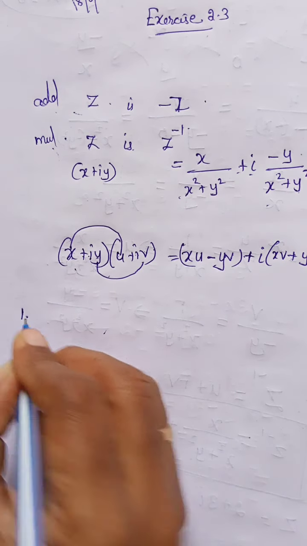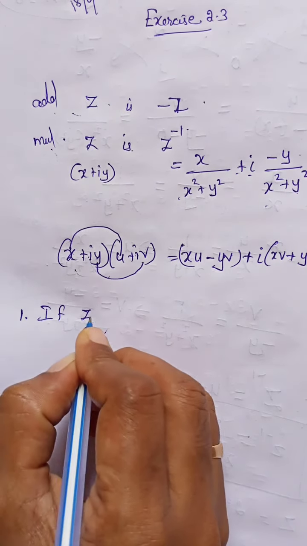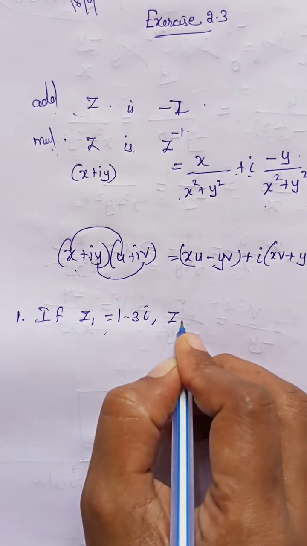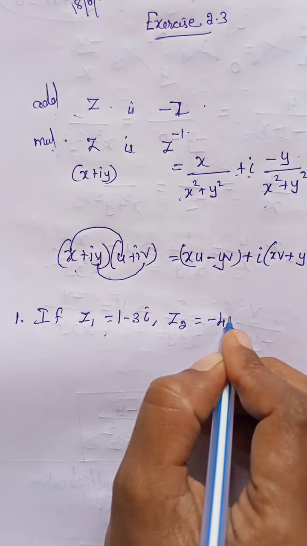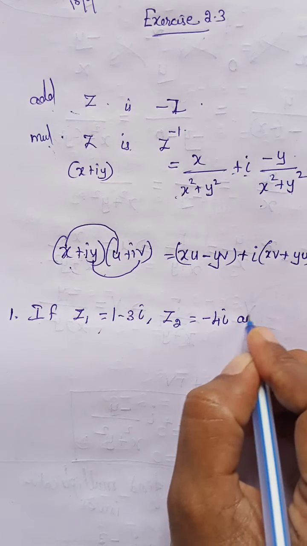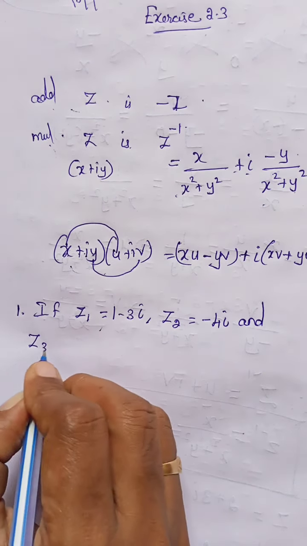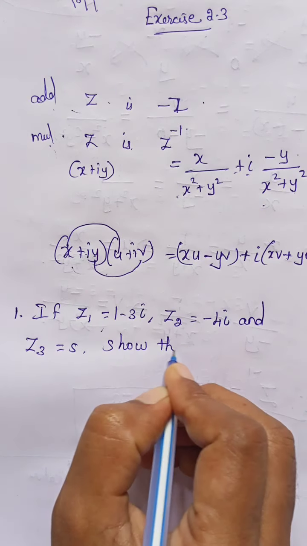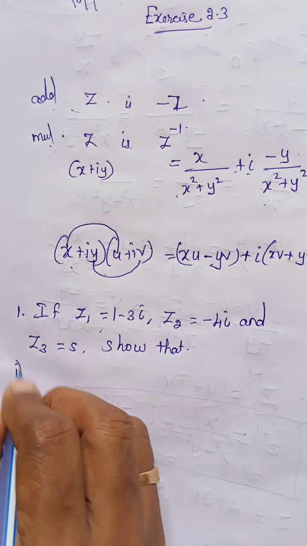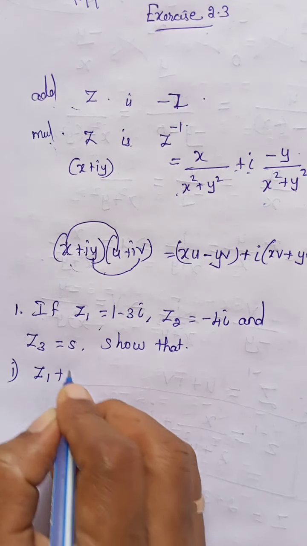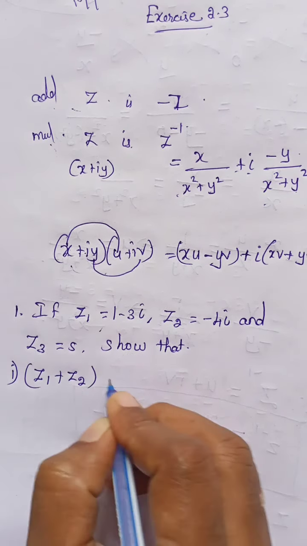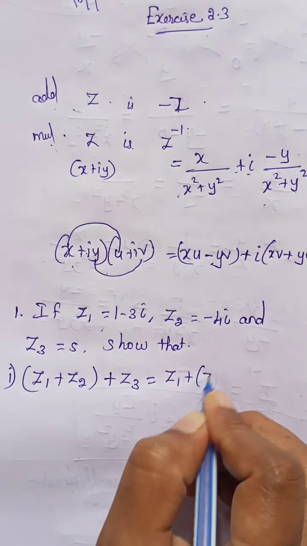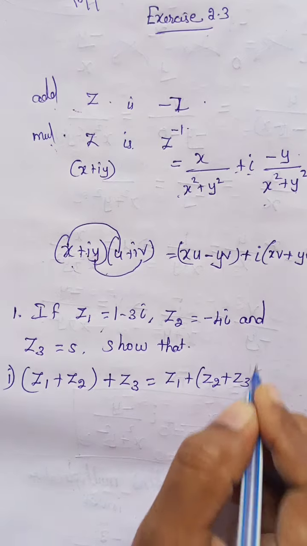See the first problem. If Z1 is equal to 1 minus 3i, Z2 is equal to minus 4i and Z3 is equal to 5, show that subdivision 1: (Z1 plus Z2) plus Z3 is equal to Z1 plus (Z2 plus Z3).